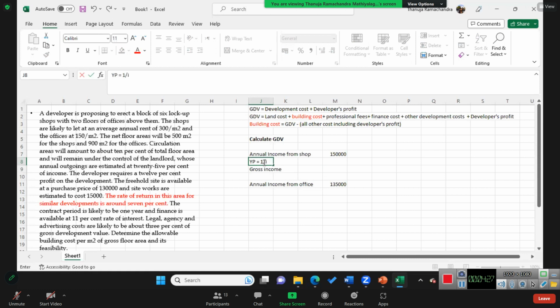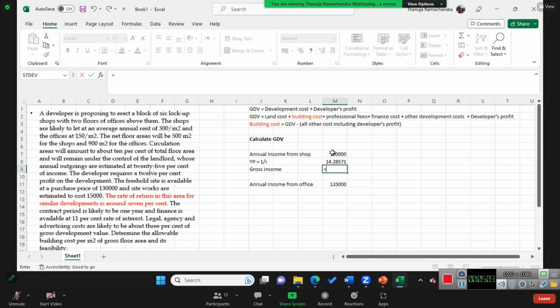1/I, and so accordingly it will be 1/7%. Okay, so then the gross income will be, 1 rupee receivable, for that, the annuities, the total will be at the perpetuity 14,286.